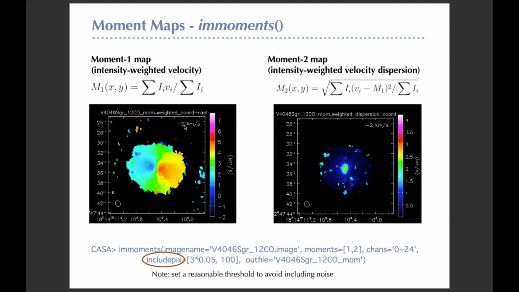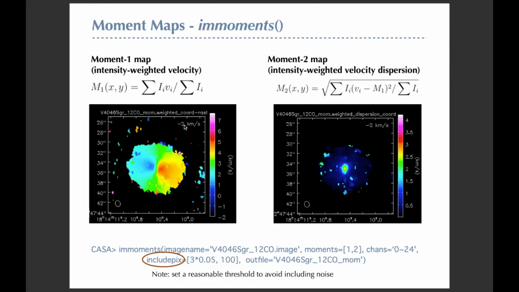The first moment map is often referred to as the velocity map, and the second moment map is called the velocity dispersion map. So we can simply understand this as taking a line profile in each pixel. The moment one value describes the central velocity of that profile, while the moment two value describes the line width.